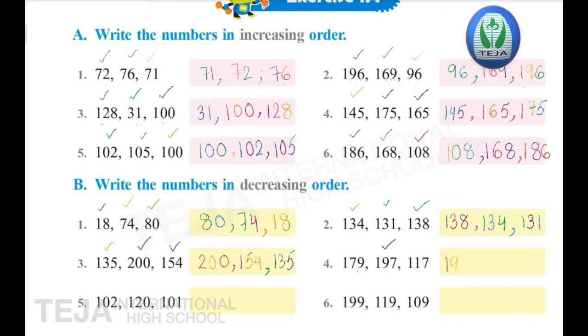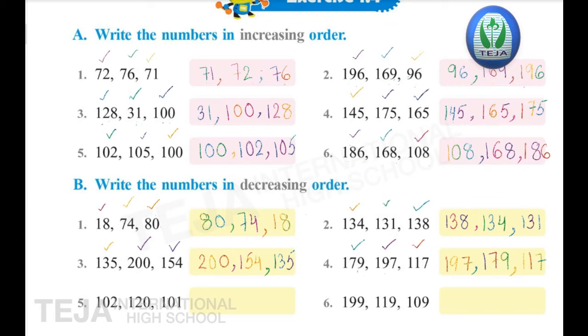So write 197 in the box, children. Now next two numbers in this question are 179 and 117. So the next biggest number is 179. And at last the last number is 117. So the answer of this question is 197, 179 and 117. Okay children.